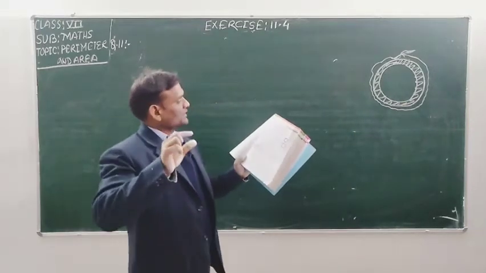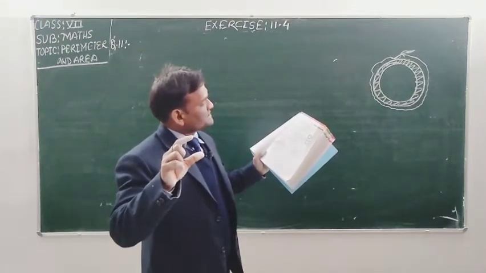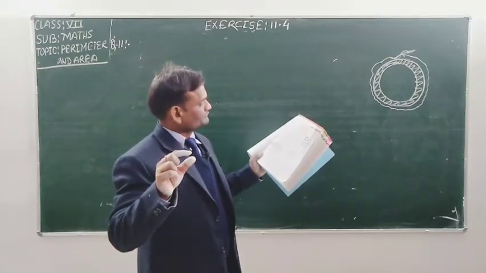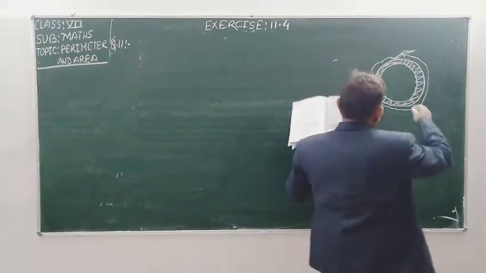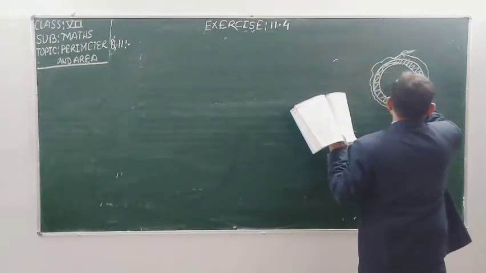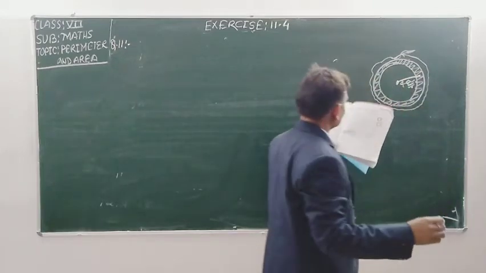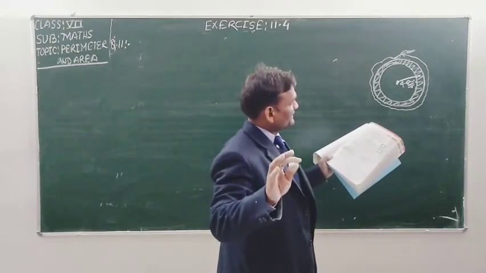Student, listen to the question. Pragya wrapped a card around a circular pipe of radius 4 centimeter. The radius of the circular pipe is 4 centimeter, and she cut off the length required of the card.